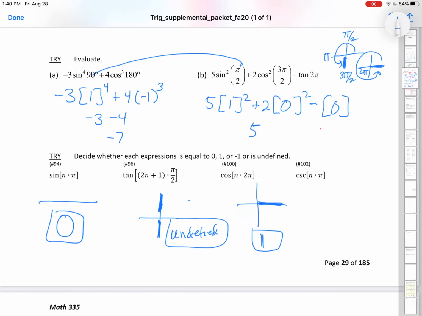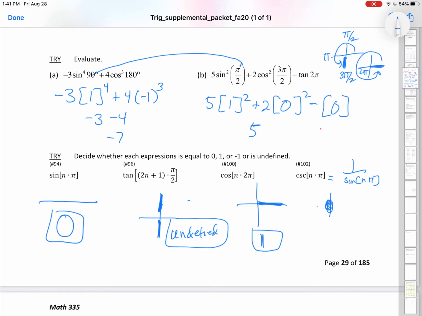And cosecant of n times pi. Cosecant is 1 over sine of n pi. And if we think about sine of n pi, we did it over here at the very first one, we're flat.